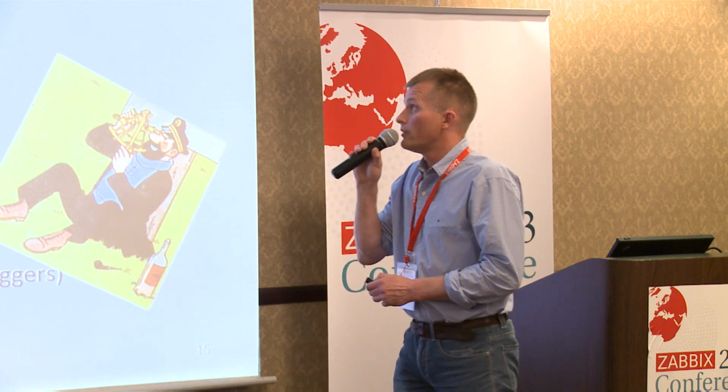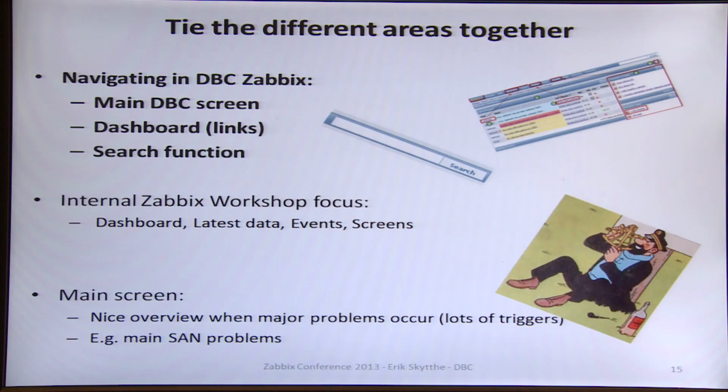So the main three ways we use to navigate around in Zabbix in our firm, or at least the way I try to present it to people, is either with this main screen, the dashboard, where of course you can put your links for your favorite graphs and things like that, and then the search function.